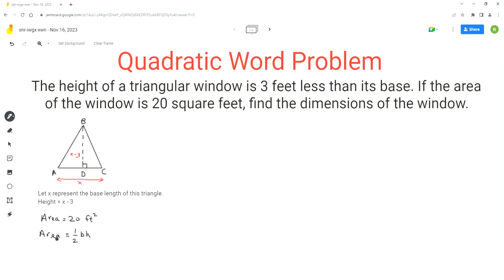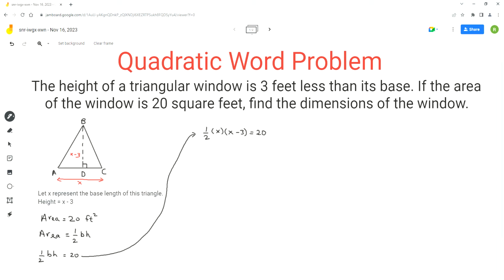So now we can equate these two entities to get our equation. Our equation is half times base times height equals 20. Now we can sub in the base and the height that we figured out in terms of x. Half times x, which is the base length, times the height, which is x minus 3, equals 20. So this is the equation we have to solve.